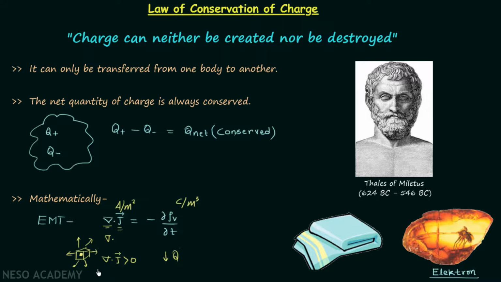This means the amount of charge leaving the differential volume, and the right hand side gives us the rate of decrement in the charge. So the amount of charge leaving the differential volume is equal to the amount of charge decreased in the differential volume. So we can say that the law of conservation of charge can be easily proved using the continuity equation.